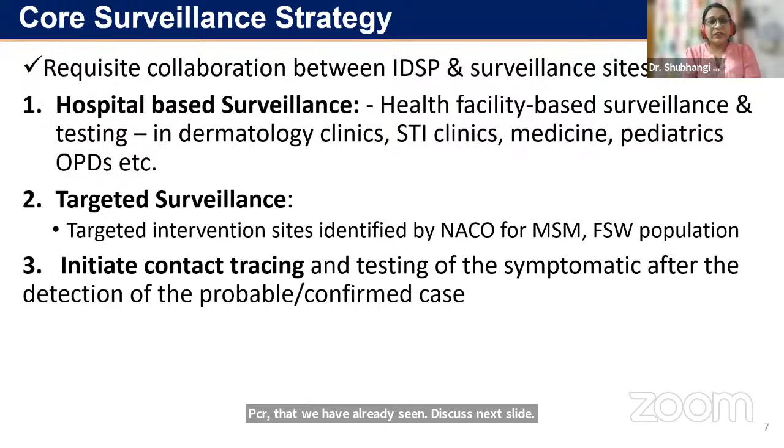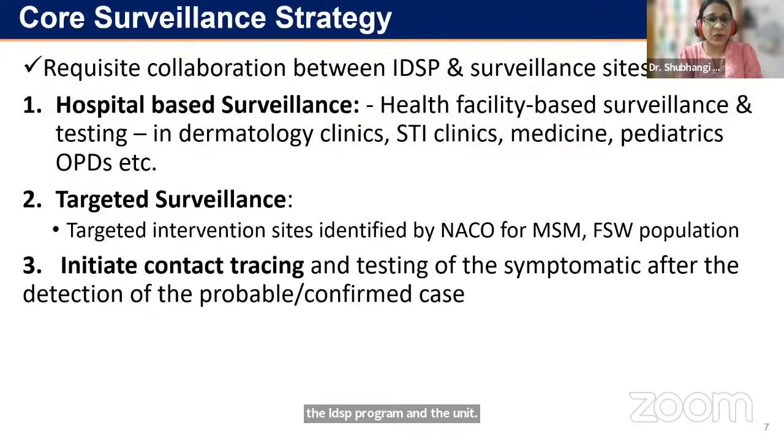The core strategy for surveillance: we've been talking about the Integrated Disease Surveillance Program, and the district level surveillance units are already being sensitized about this. The entire surveillance activity has to be coordinated at the district and state level through the IDSP program and unit. What are the core strategies we follow?